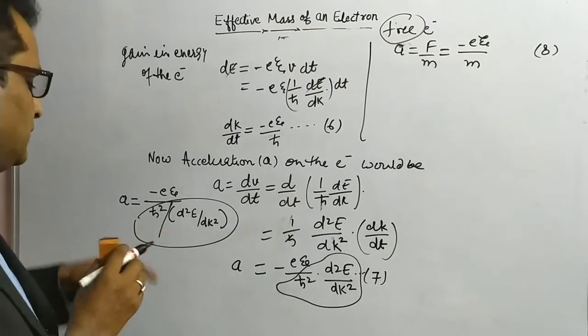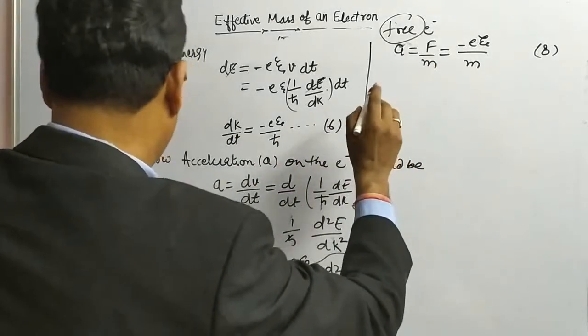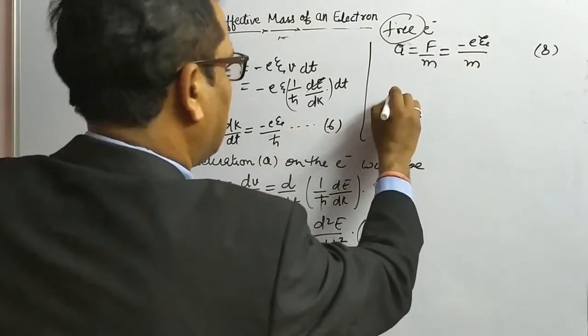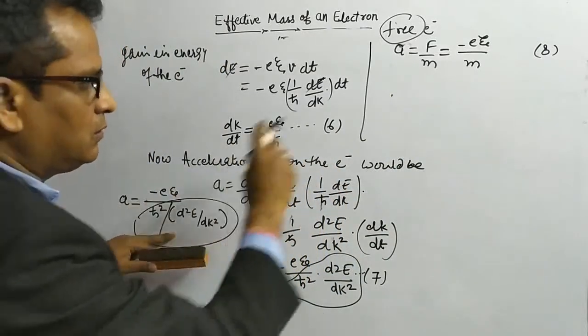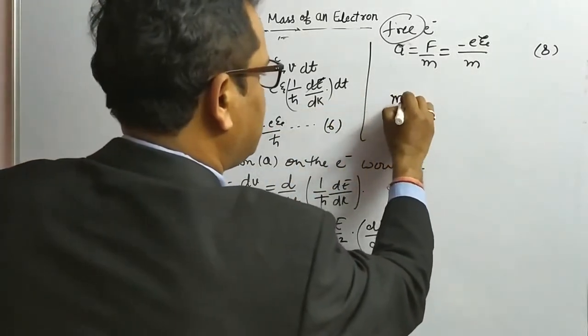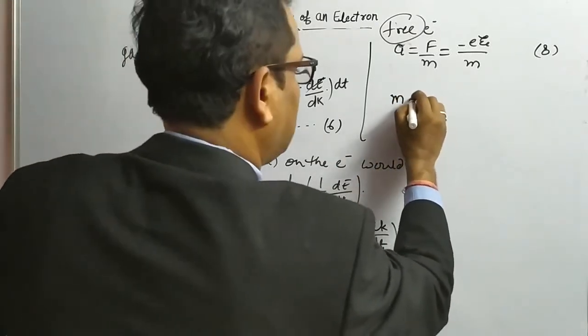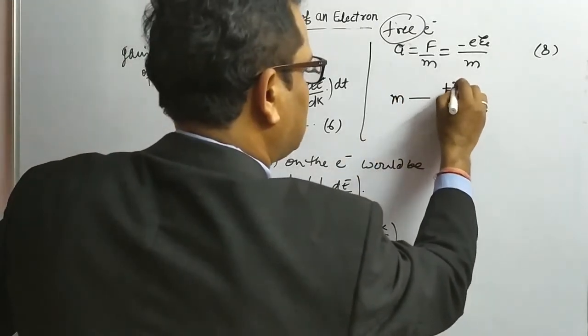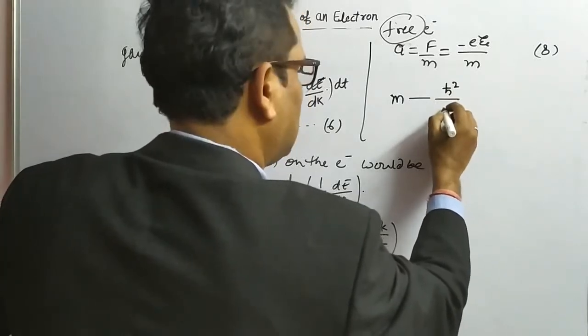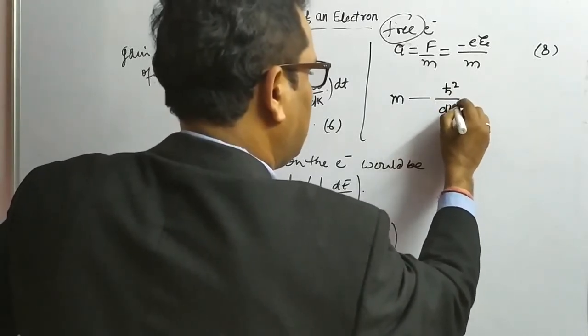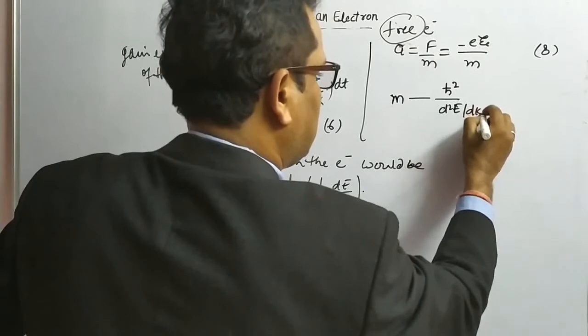Okay, this is representing my m. So now the mass has been changed and it is represented by h bar square upon d2E by dk2.